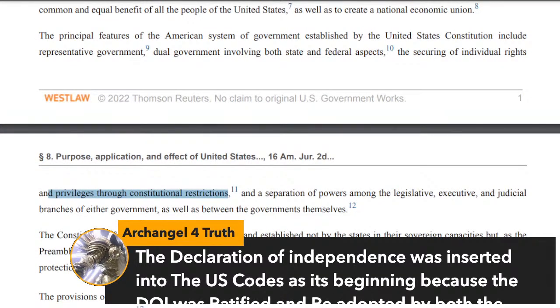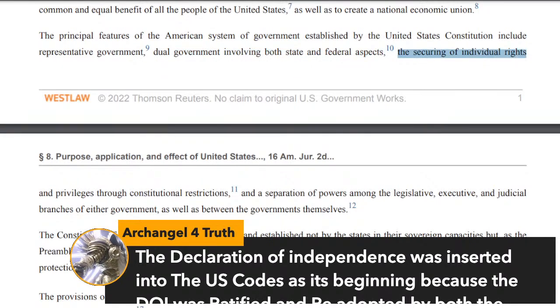We have the principal features of the American system of government. The principal features of the American system of government established by the United States Constitution include representative government, that's one of the things, dual government involving both state and federal aspects, and notice the footnotes, so we'll look at these and see if there's any further notes.